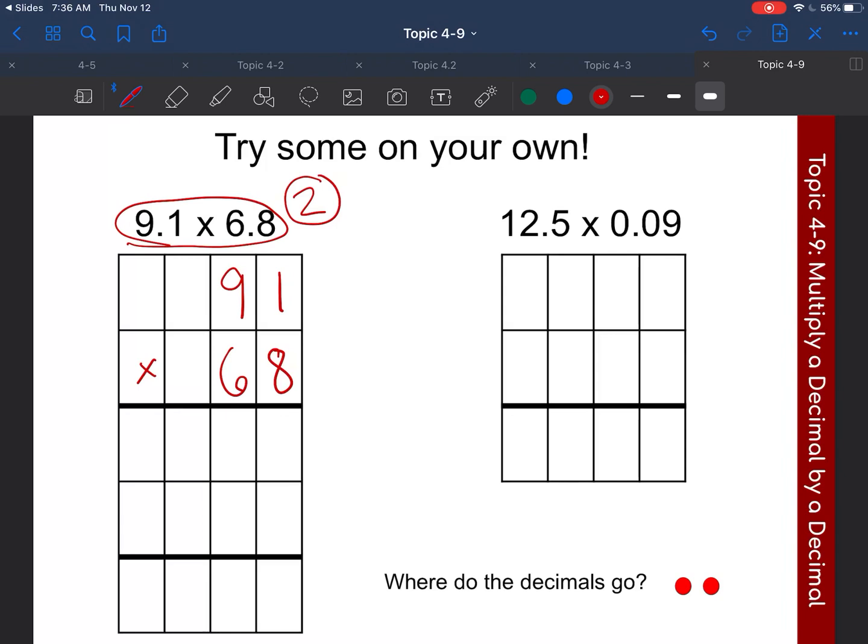What is 91 times 68? 8 times 1 is 8. 9 times 8 is 72. Placeholder. Moving on to the 6. 6 times 1 is 6. 6 times 9 is 54. And we add it all together.